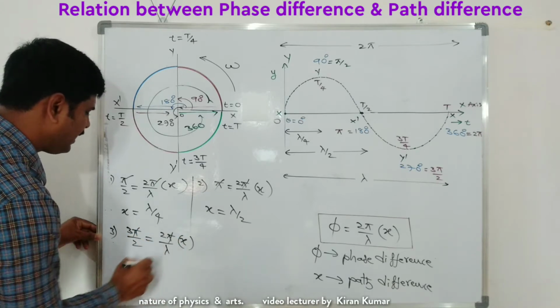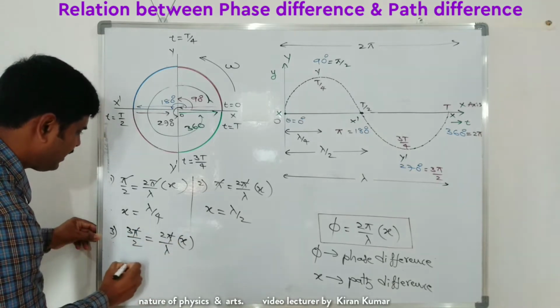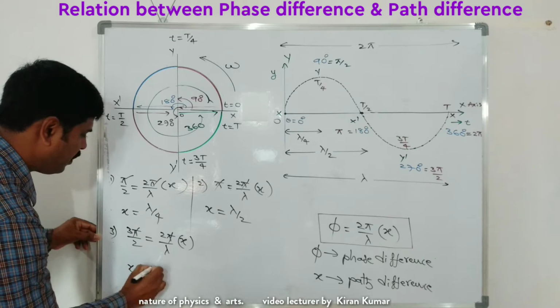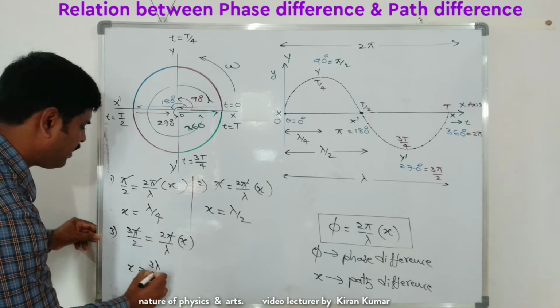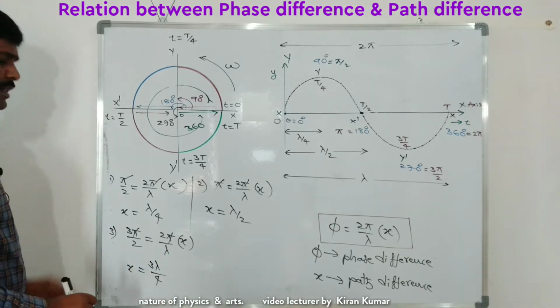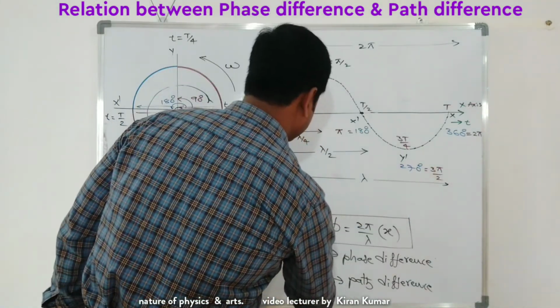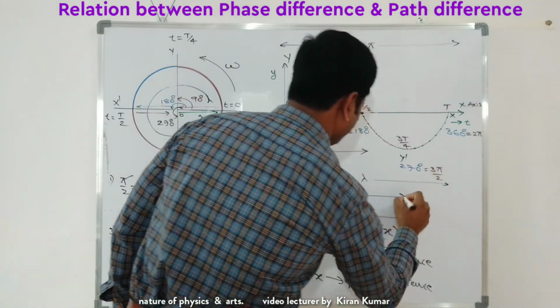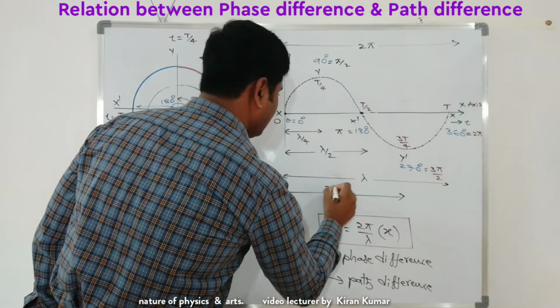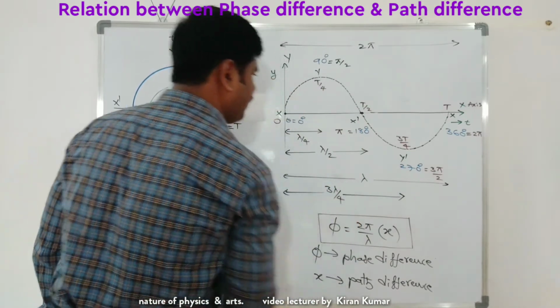Here pi gets cancelled, and the x value is equal to 3 lambda divided by 4. This is 3 lambda divided by 4.